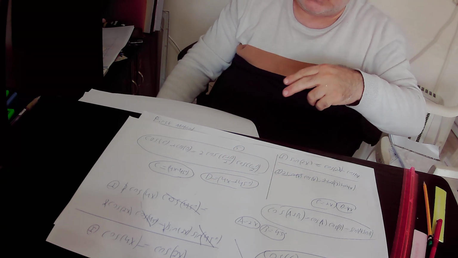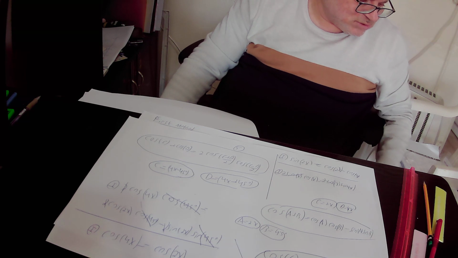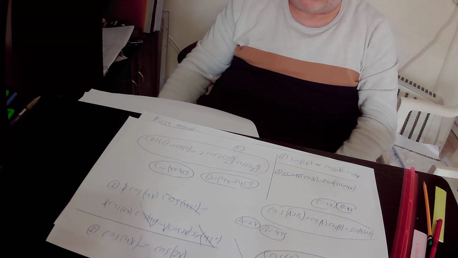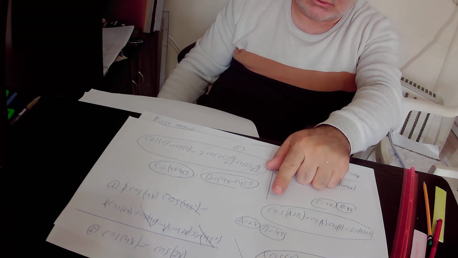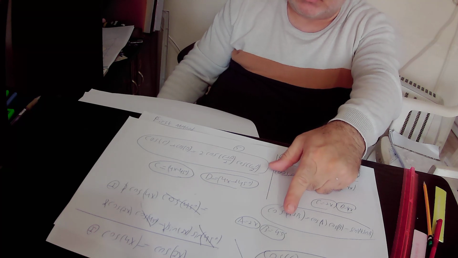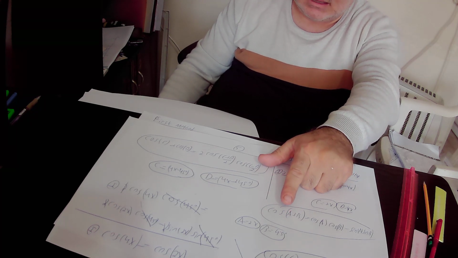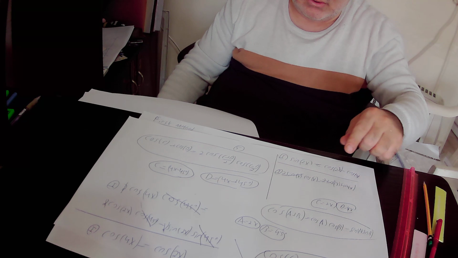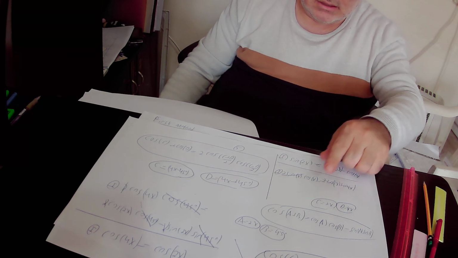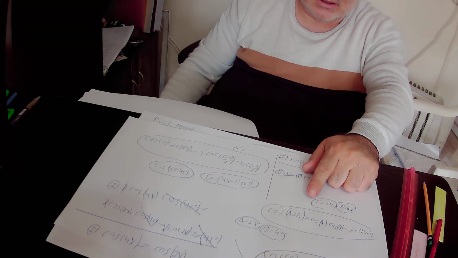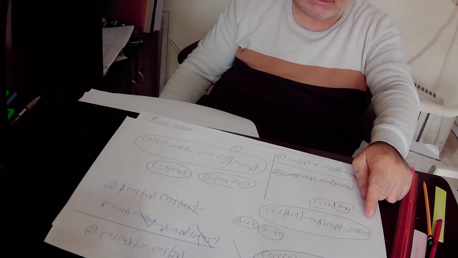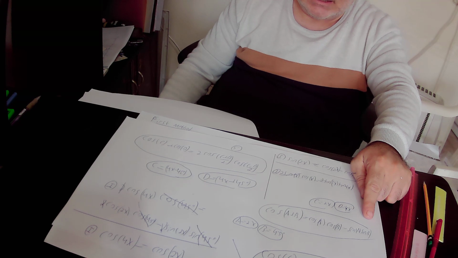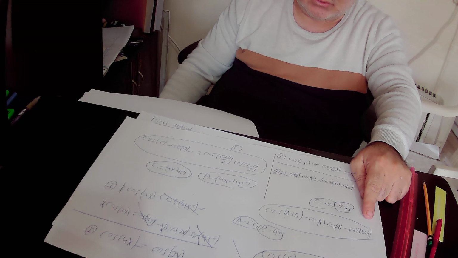And then we treated the expression 2 cosine 2x plus 45 degrees. In cosine 2x plus 45 degrees, A equals 2x and B equals 45 degrees. According to the trigonometric identity, cosine A plus B equals cosine A cosine B minus sine A times sine B. A equals 2x and B equals 45 degrees.